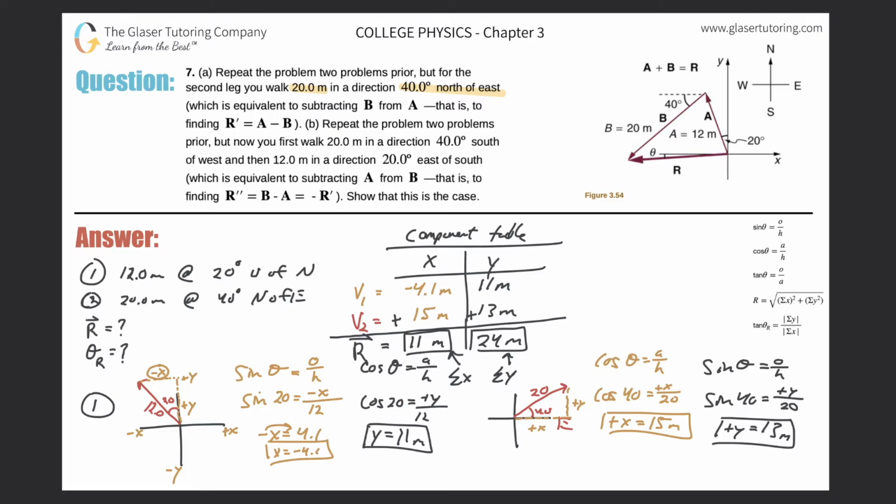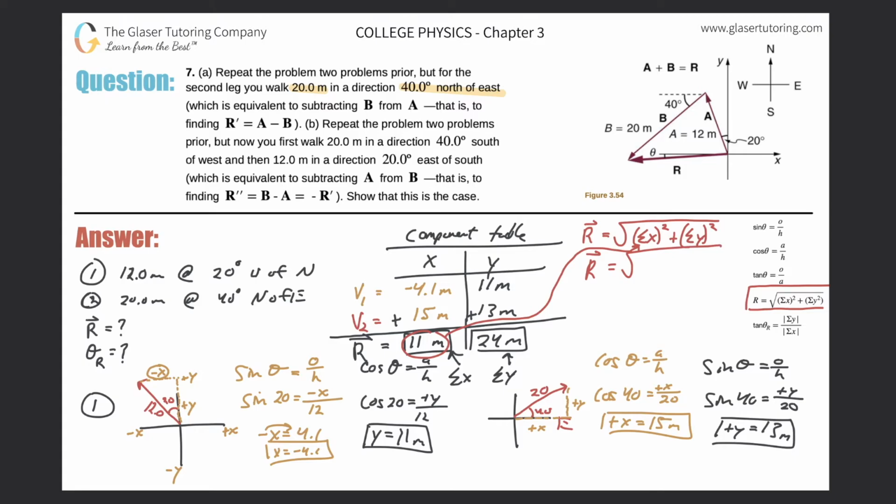Now take a look on the right-hand side. I have a nice formula here that tells us how to calculate our resultant vector by using this component table. So all I need to do now to find the resultant vector is to simply take the square root of all the summed x values squared added to all the summed y values squared. So all we have to do is simply plug in these numbers. Here's my x value, so that's going to go in here.